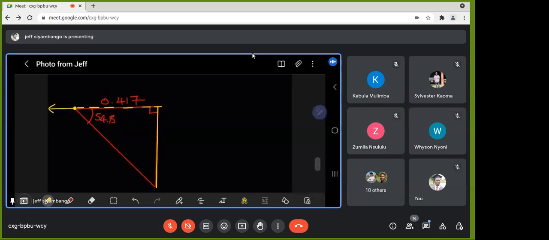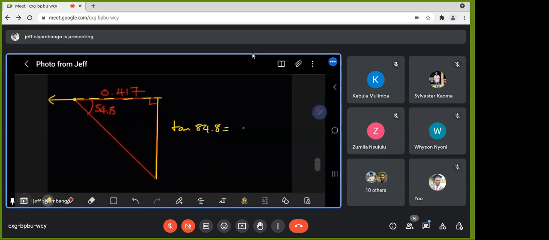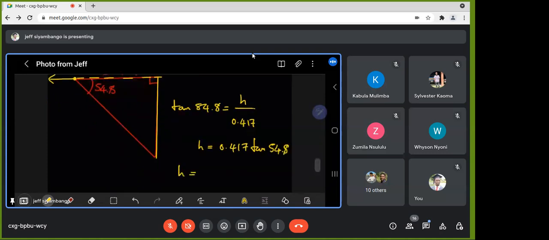Okay, so from here, we can now use tan, and we have tan 54.8 is equal to the opposite, which is what I want, over 0.417. And then H will be equal to 0.417 times tan 54.8. So we get 0.5911.